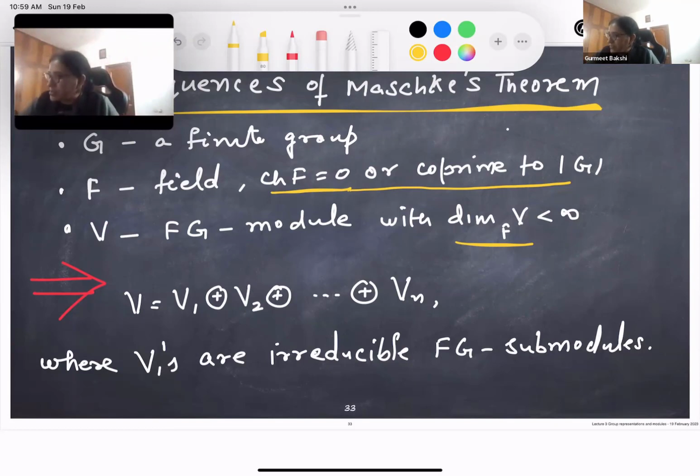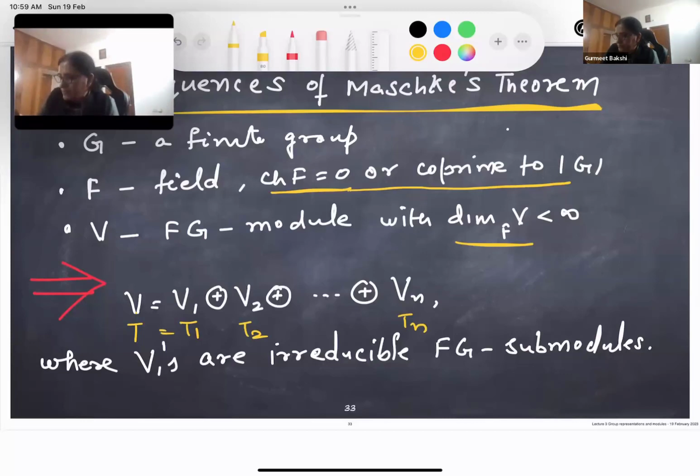Very good. So if I have decomposed V as a direct sum of irreducible submodules, now you look at the corresponding representation. Every finite dimensional FG module gives you a representation, corresponding to V1, V2 and Vn.